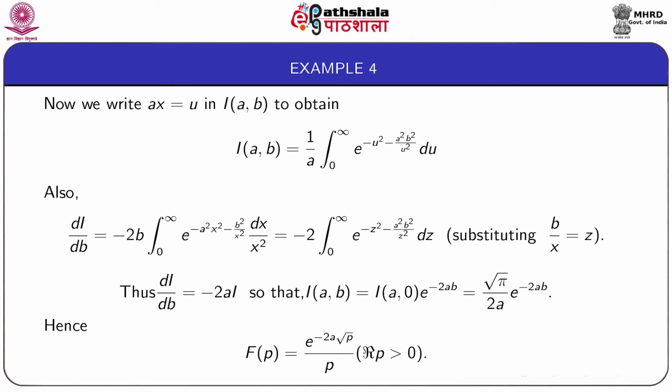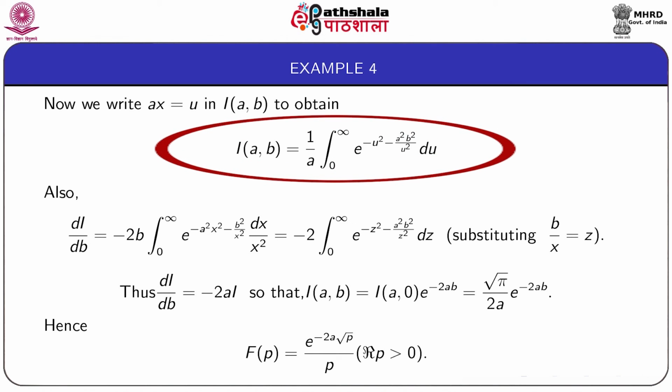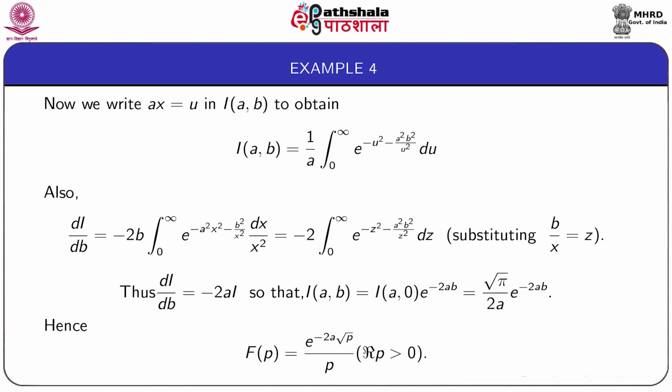Now we write ax equal to u in the integral I(a,b), so that I(a,b) is equal to 1/a times the integral from 0 to infinity of e^(−u² − a²b²/u²) du.